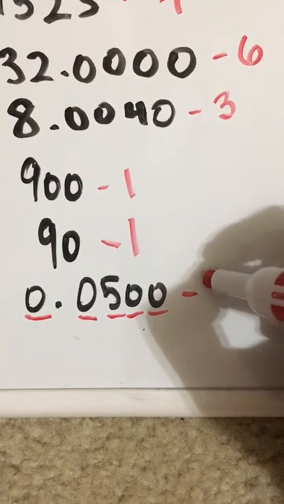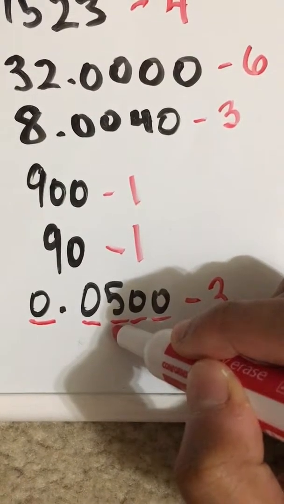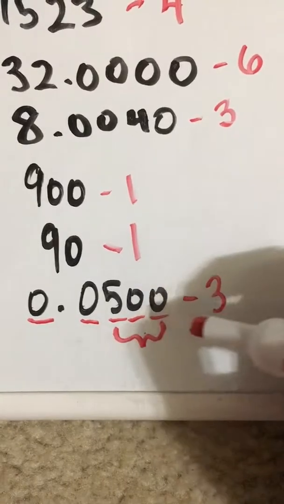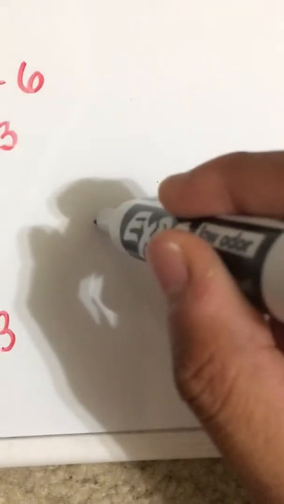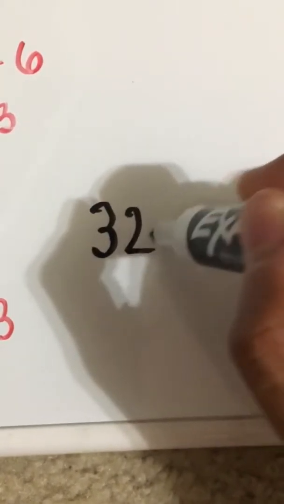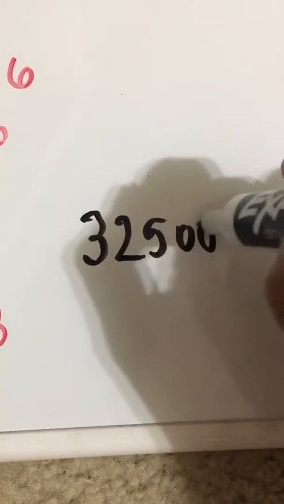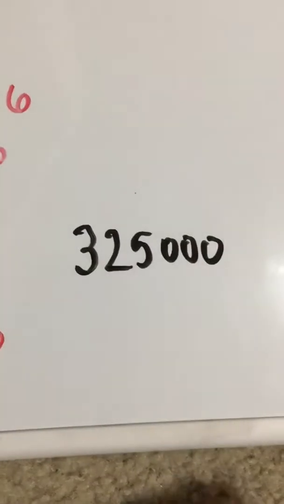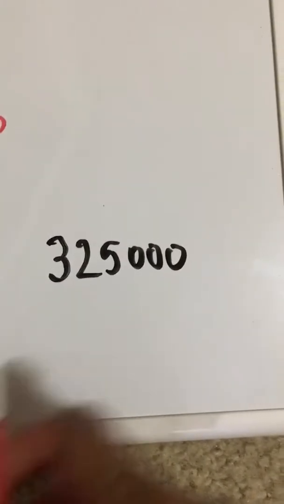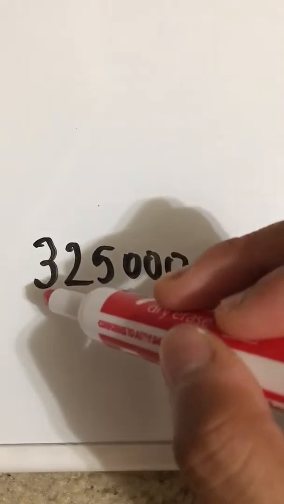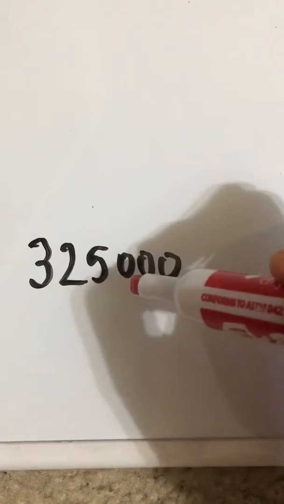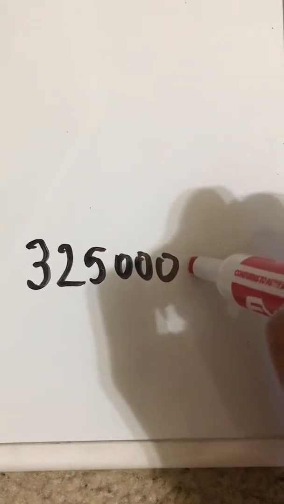So we would count this as 3 significant figures. These are the 3 that are significant. And one more problem I would like to add. If I had a number like this, how many significant figures would this be? This would be 1, 2, 3, and that's it. Only 3.